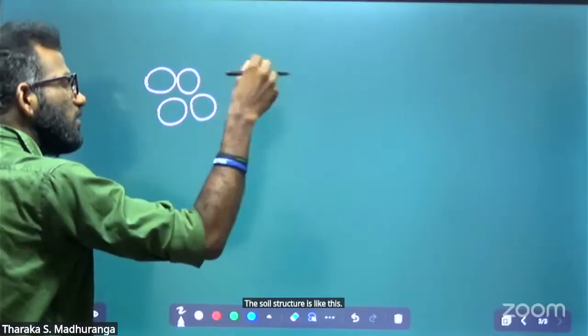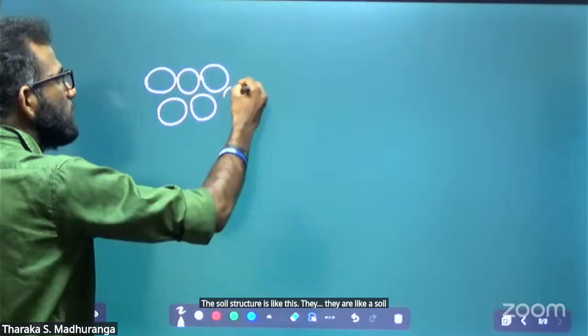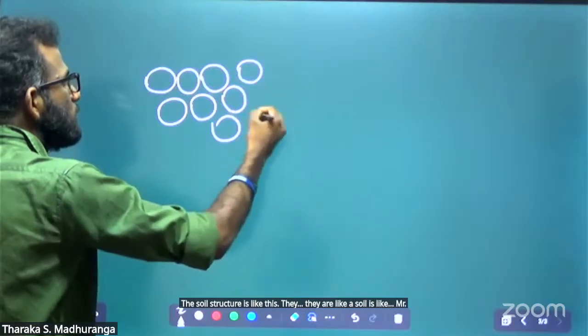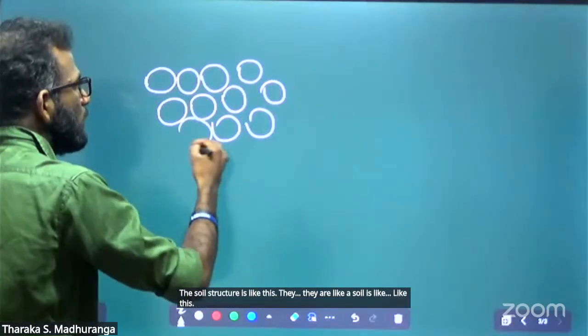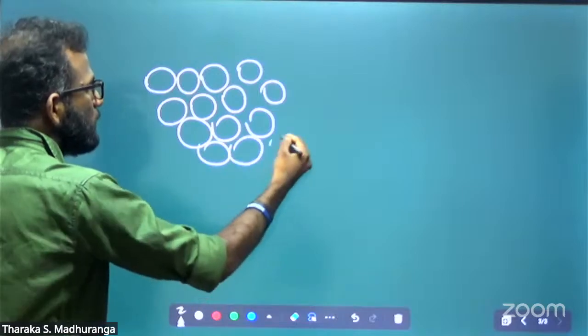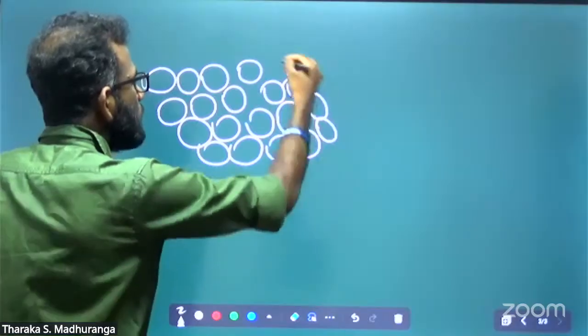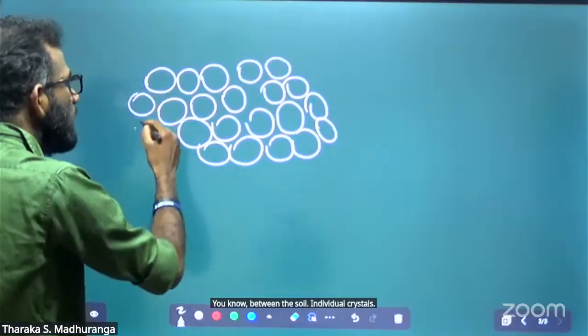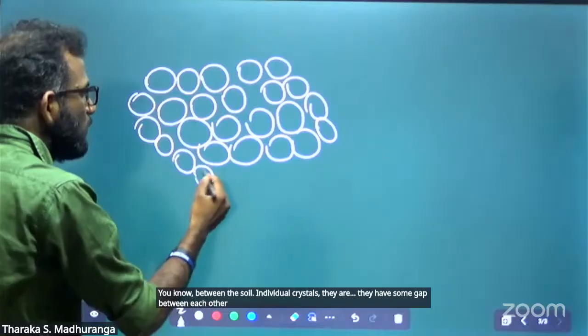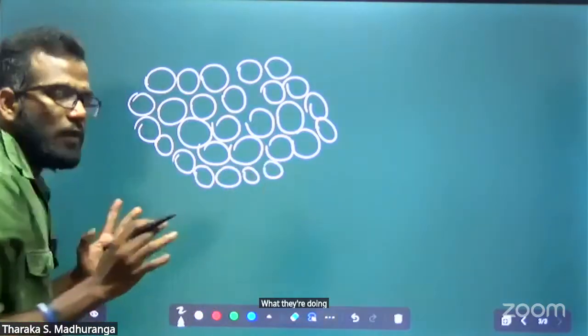A soil is like crystals, no? Between the individual soil crystals, they have some gap between each other. These microorganisms are important to produce the structure of the soil.